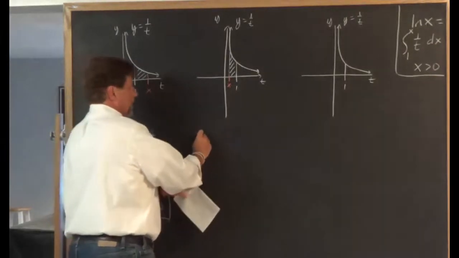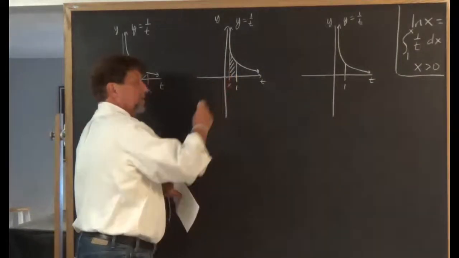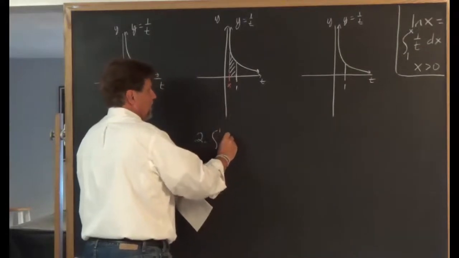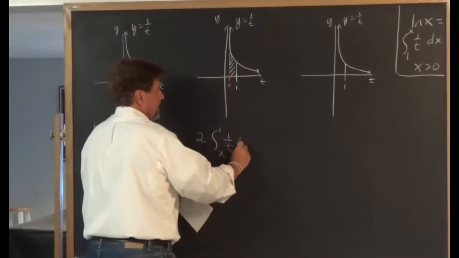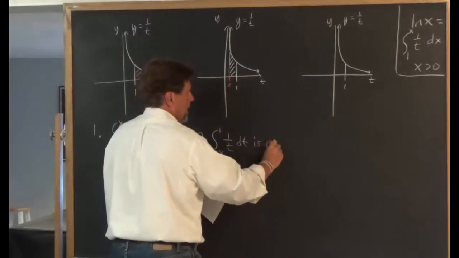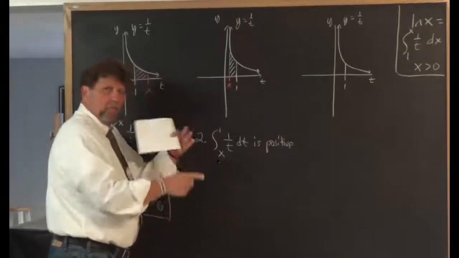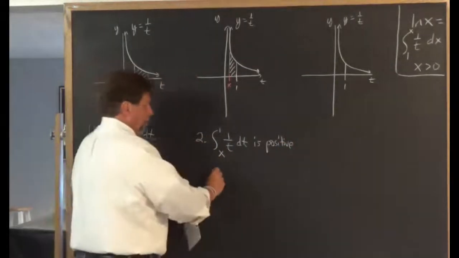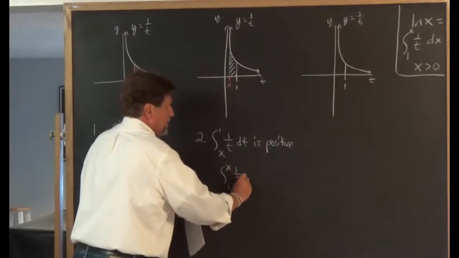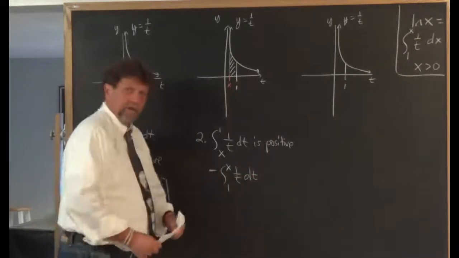So what does that tell me? Well, the definite integral that matches up with that area would be the integral from x to 1 of 1 over t dt. And we know that that is positive. Now if I switch the limits of integration, I have to put a negative sign in front.